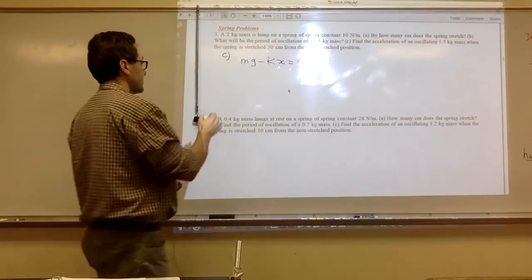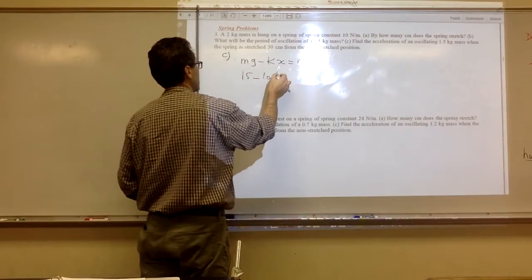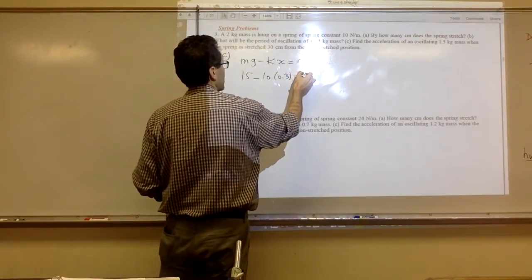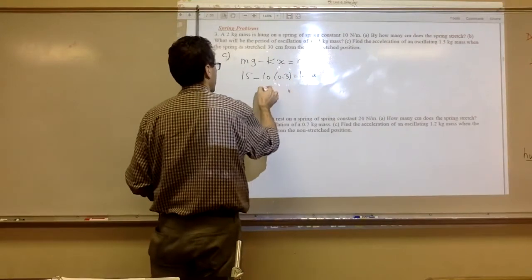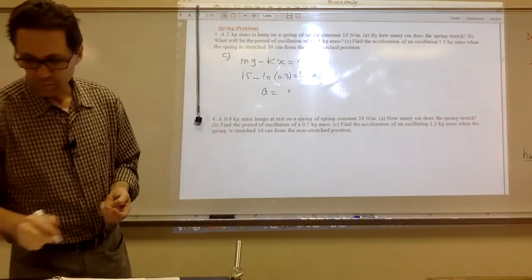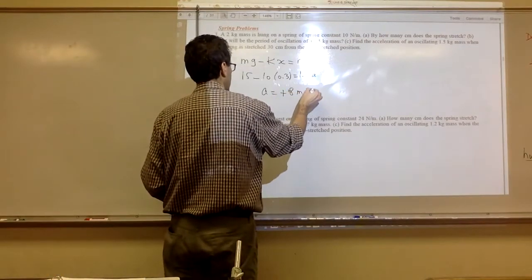Now the mg is going to be 15 minus 10 times x equals 1.5 times a. And the acceleration here will be positive 8 meters per second squared.